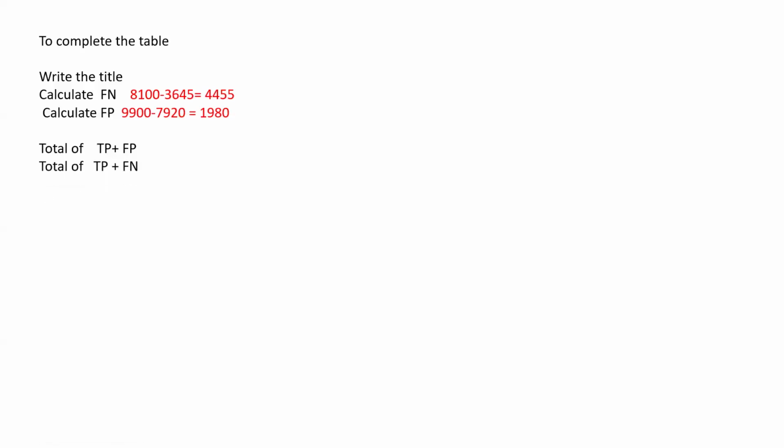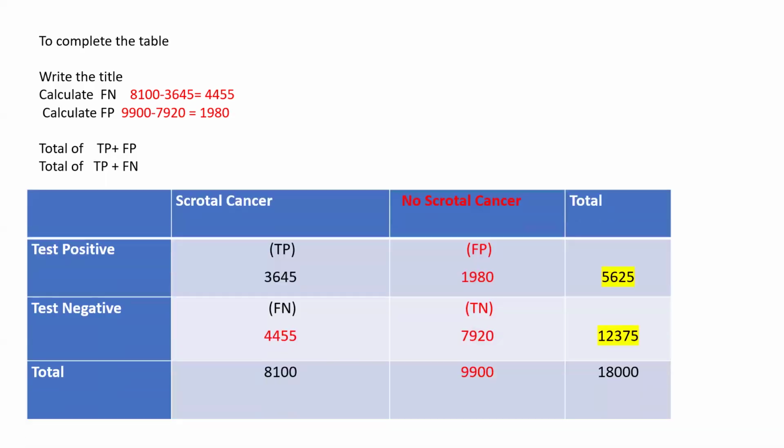And the total of FN plus TN. So you can make that correction: it's TN plus FN to give you that total. If you look on the table, you'd see what I'm speaking to as it relates to the totals.